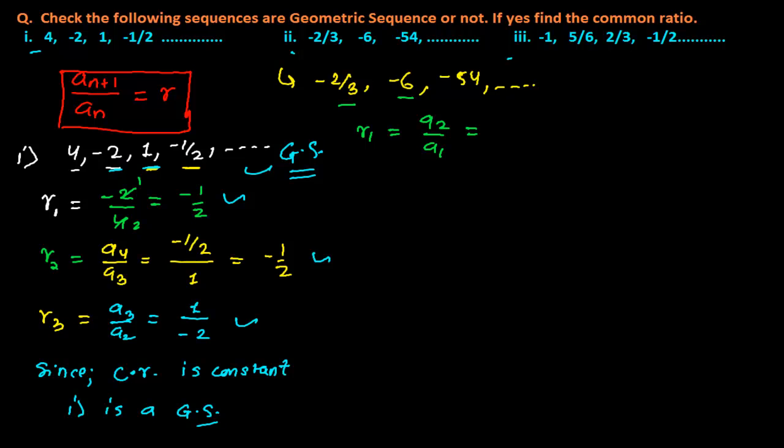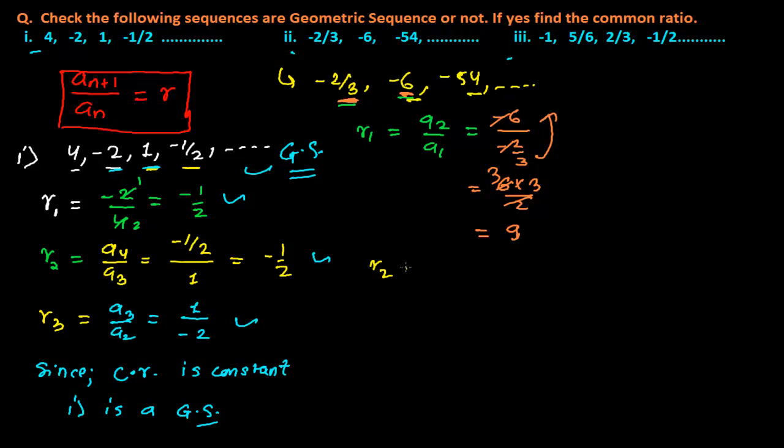My succeeding term is minus 6 and my preceding term is minus 2 by 3. So this 3 goes upside, the minus and minus cancel out, and it will be 6 times 3 over 2. 6 divided by 2 is 3, so 3 times 3 is 9.